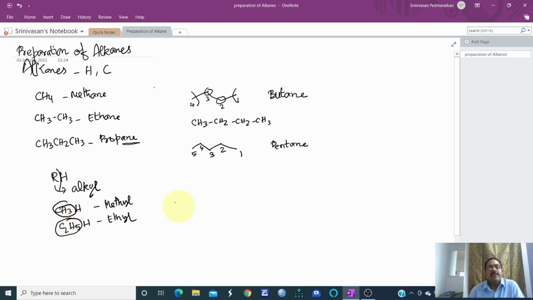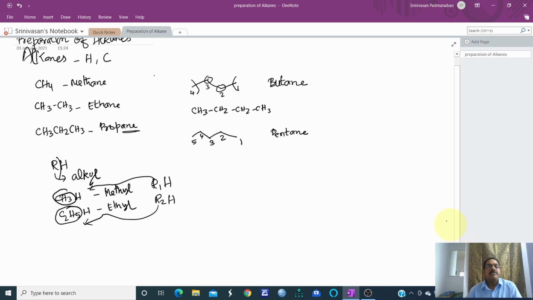Sometimes we also write R1-H and R2-H, which means that R1 is a group which is different from the other group R2. So we have understood the alkanes. The lowest member is methane and it builds from there.